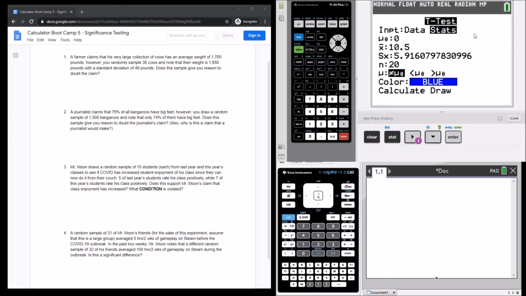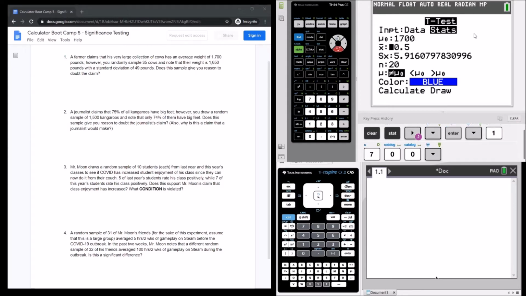We have this t-test, we actually have the stats here. So our assumed mean, the claim, is that the cows weigh an average of 1,700. Our x bar was 1,650, that was the mean of the sample, and our standard deviation of the sample was 49. The n here was 35 cows.